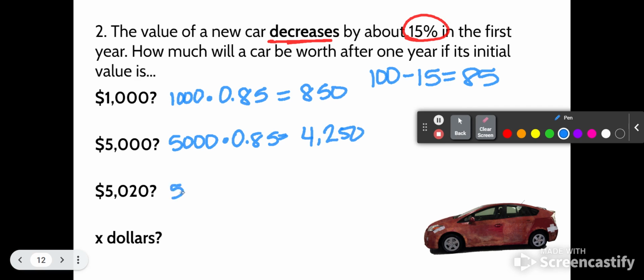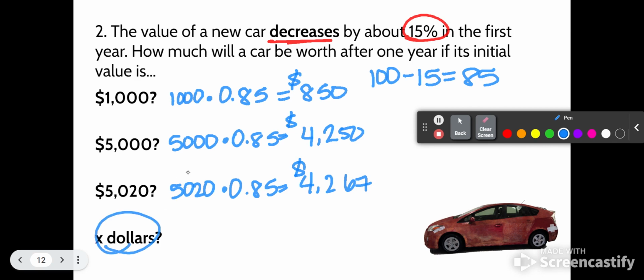And 5,020, these are pretty cheap cars, equals $4,267. So what is my equation? Where my variable is here, my constant is here. So there's my percent of the original price times the value.